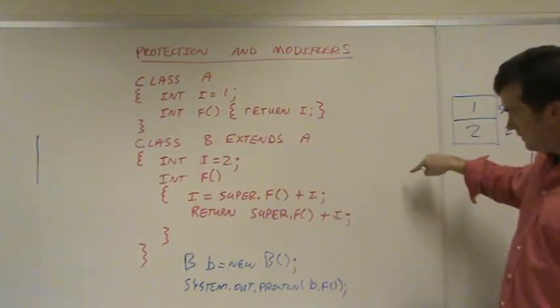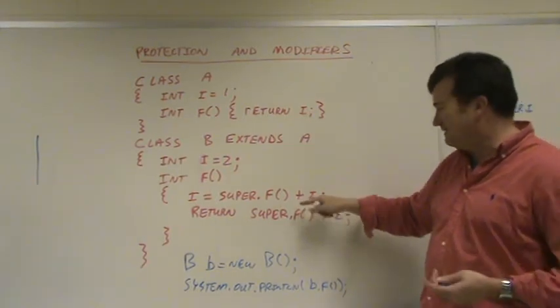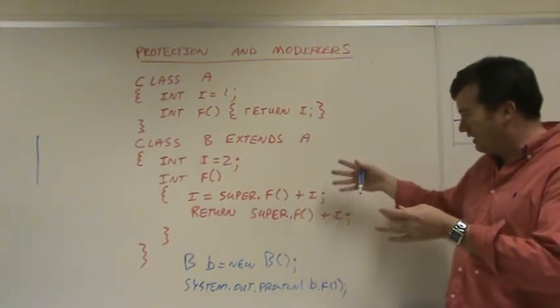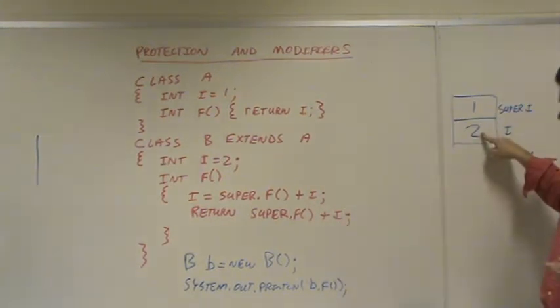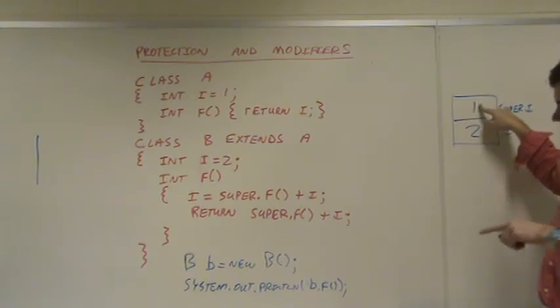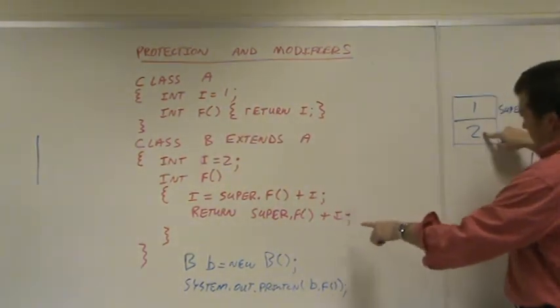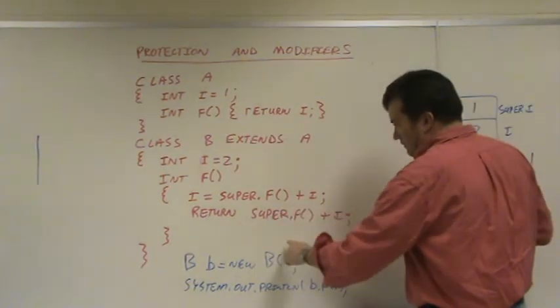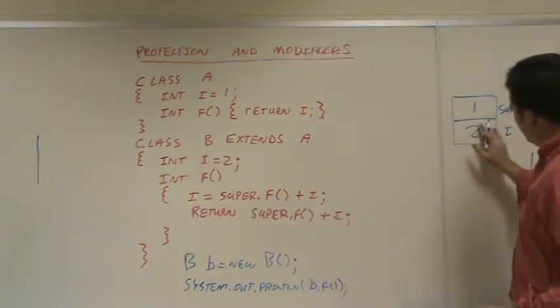So the 1 gets returned, and then we add to that, and this is like a brain teaser exercise, we add our own I, which is 2. So we get the 1 from this function call, and we get the 2 from ourselves. Add those two together, you get 3. 3 gets written to I, so this turns to a 3.